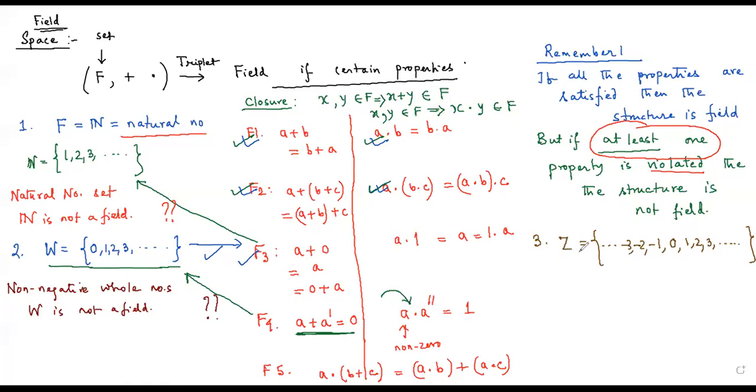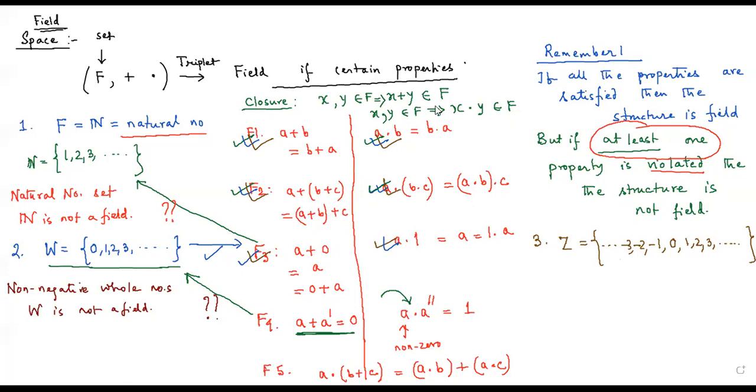Z stands for Zahlen. Now you see that for this set, F1 is satisfied for both addition and multiplication. F2 is satisfied for both addition and multiplication. F3 is satisfied for both addition and multiplication, because additive identity is present, and multiplicative identity is also present.